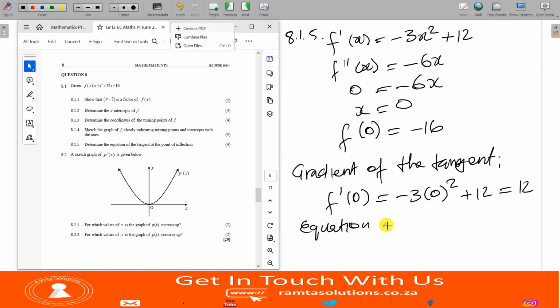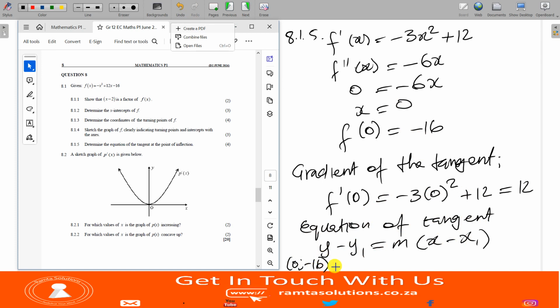So the equation of the tangent will be, I'm going to use the gradient-point form, y minus y1 equals m into x minus x1. The point we have here is 0 and negative 16, isn't it? Indeed, it's 0 and negative 16. Where there's x1, you put 0. Where there's y1, you put negative 16.